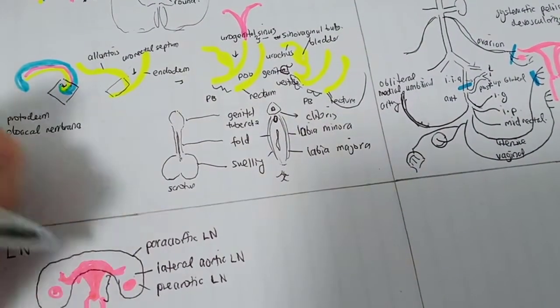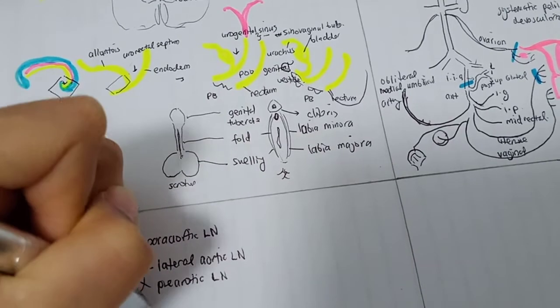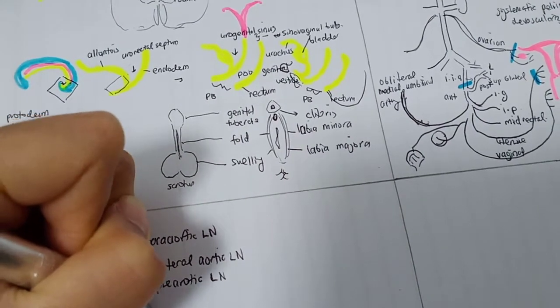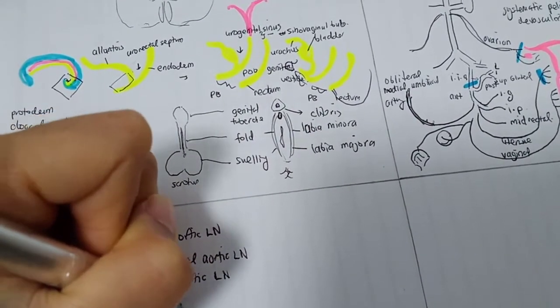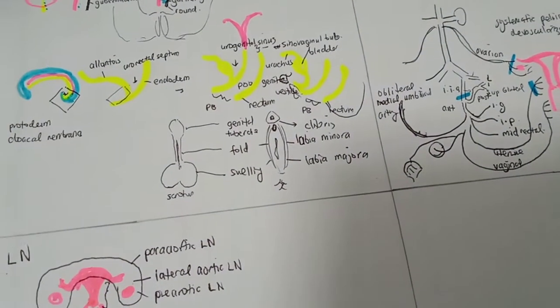And the body and also the cervix will go to the internal iliac nodes or external iliac nodes. And the vagina, since the origin is also different, the lymphatics are also different.